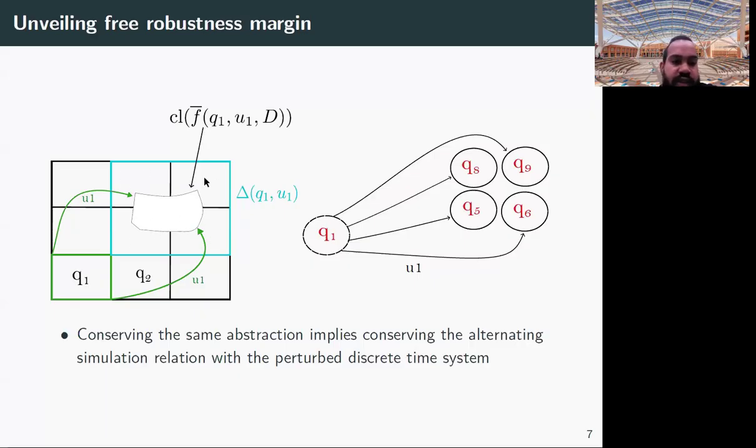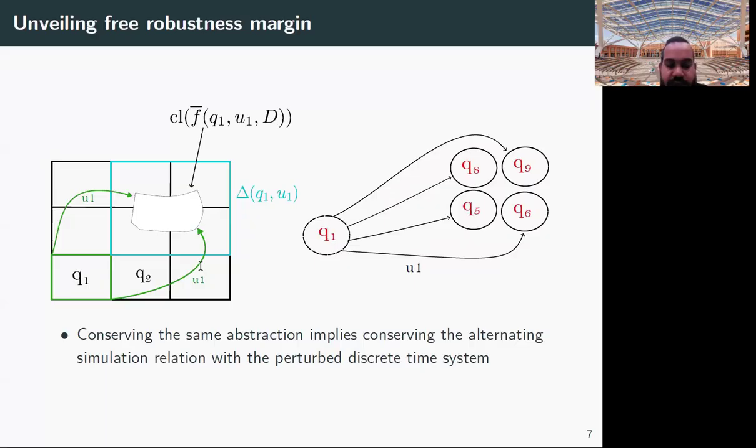So the union of these four discrete successor regions is this region delimited by this blue margin. If we construct the automaton of this transition, we will end up with this automaton. So we have Q1 with input U1 gives us the states Q5, Q6, Q8, and Q9.